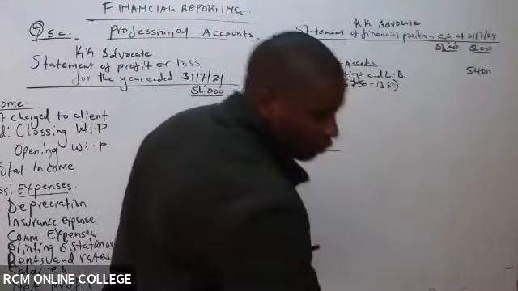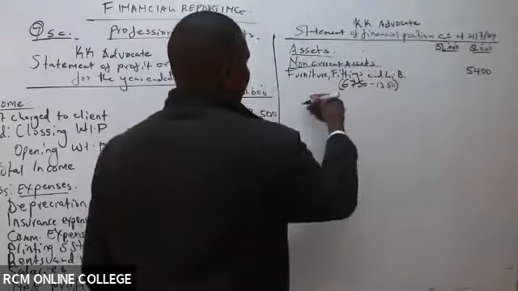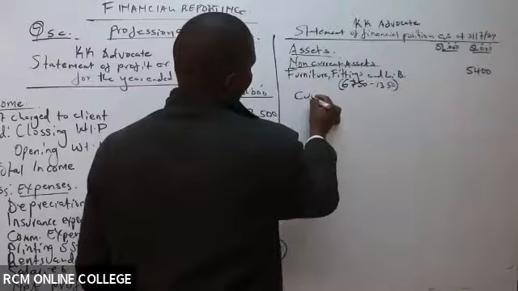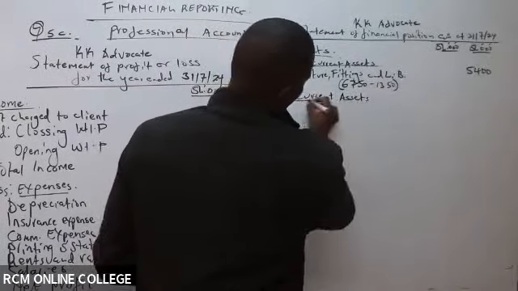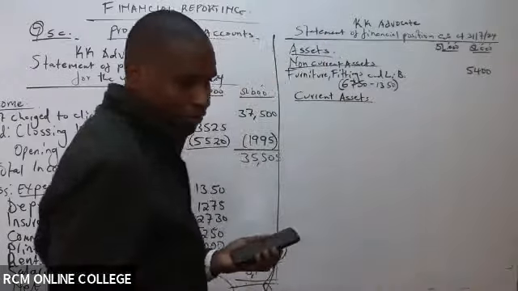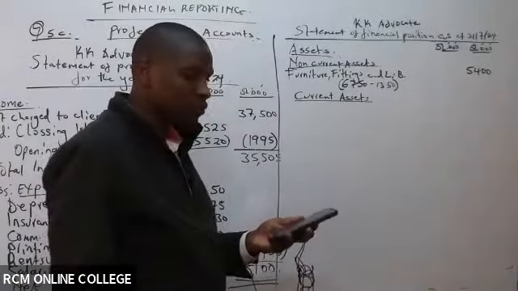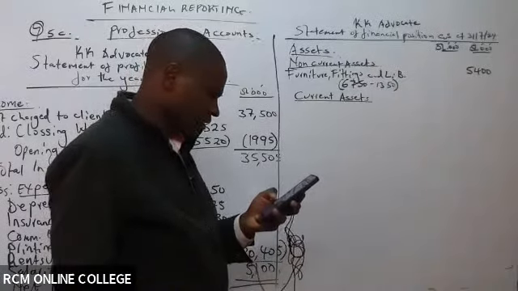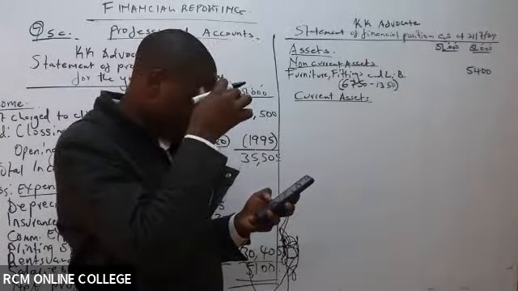Now 5400. We did not have any other item that falls under current assets, but we had current assets. Current asset class, tuko na gani? Which one do we have under current assets? It's a very genuine question.